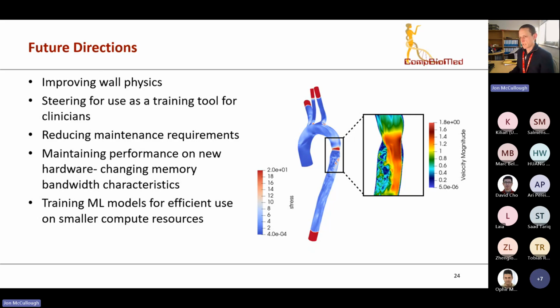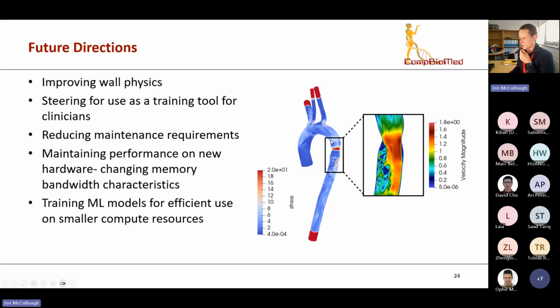The changing balance of hardware. So as GPUs are advancing, they're getting more and more bandwidth, and so this is changing the types of execution and what it means to be optimized for performance on a particular set of hardware, and that's changed from when we first implemented the GPU versions of HemeLB. And there's also been using these high fidelity simulations.